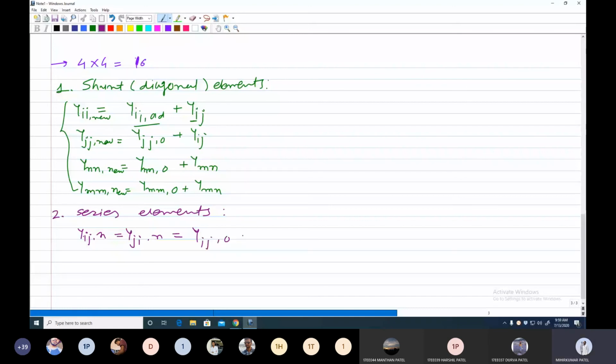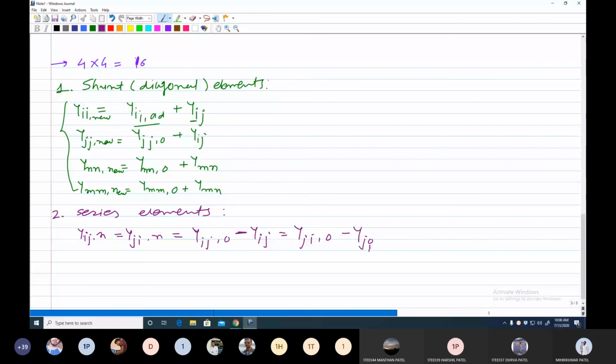Now, in the shunt element we added the transfer admittance. What happened in the series element? You can write the same way, but the only change is you have to subtract this transfer or series element Yij or Yji. You can write a similar equation for Yji also: Yji old minus Yji.